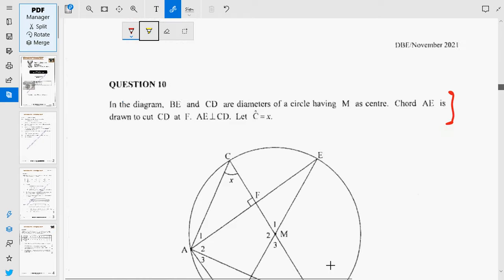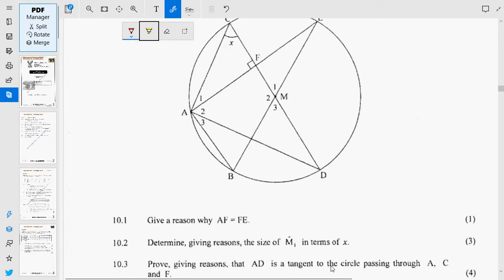Now, in question 10, the first question they're asking us is to give a reason why AF is equal to FE. So they're asking us to explain why this is equal to this. Well, if you look at this line here, you can see that this is the line drawn from the center of the circle, and it is also perpendicular to this chord.